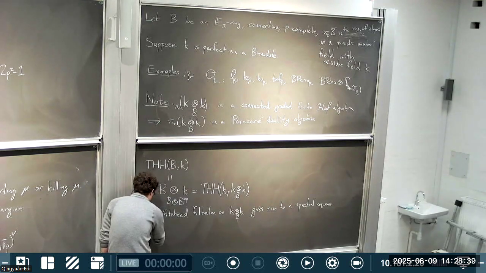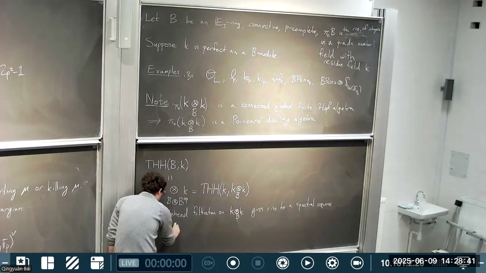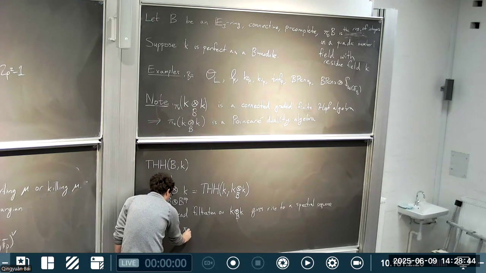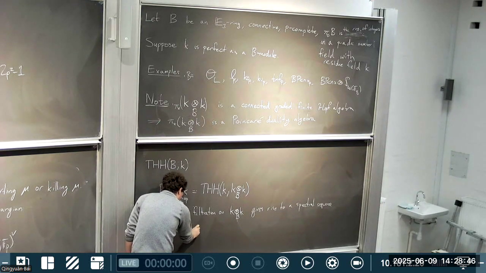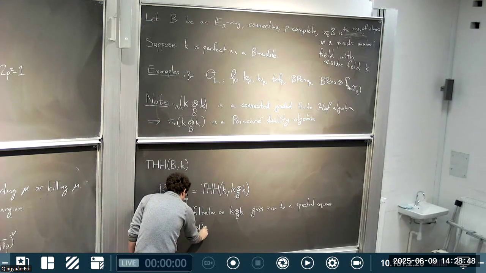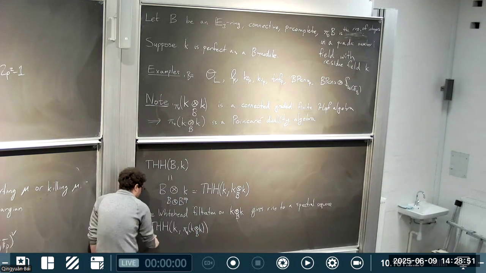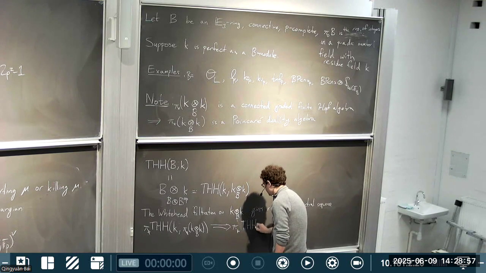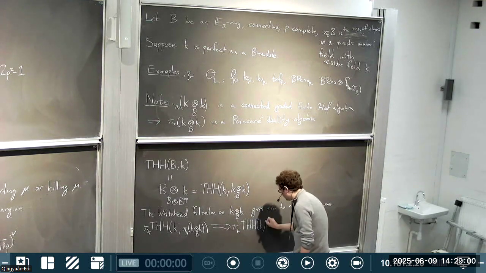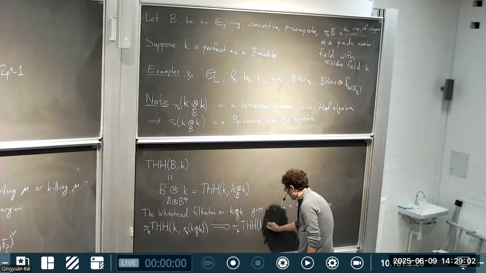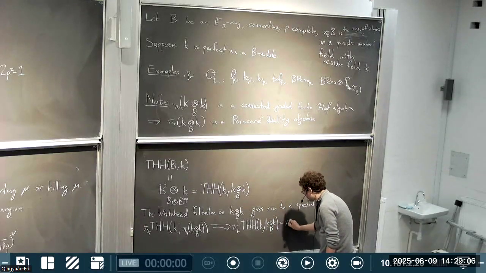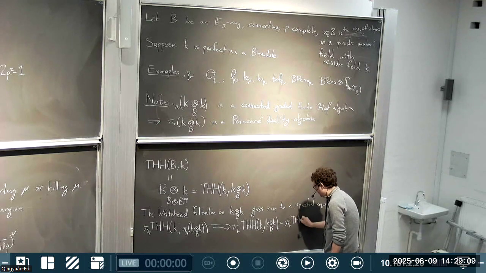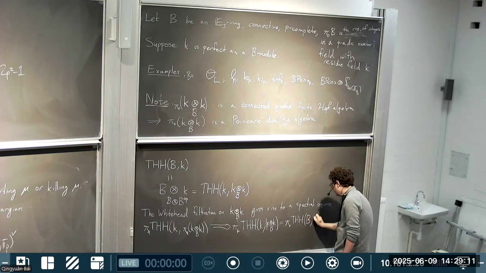It begins with the THH with coefficients in pi star, and converges to pi star THH with coefficients, which again is just the same thing, this thing we're interested in.